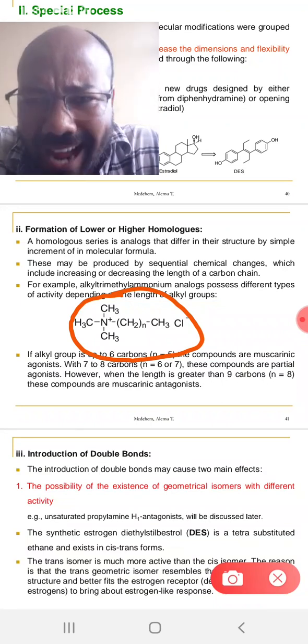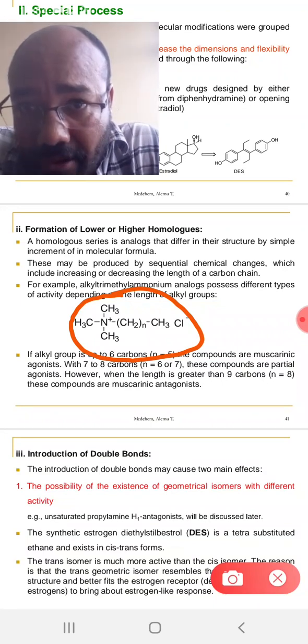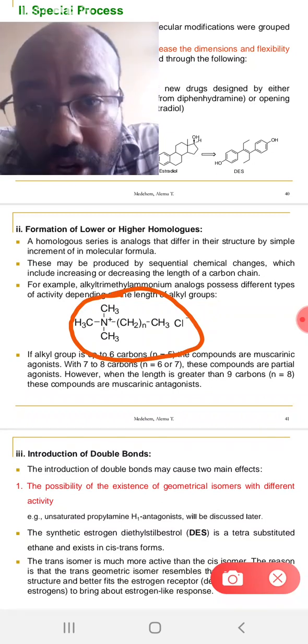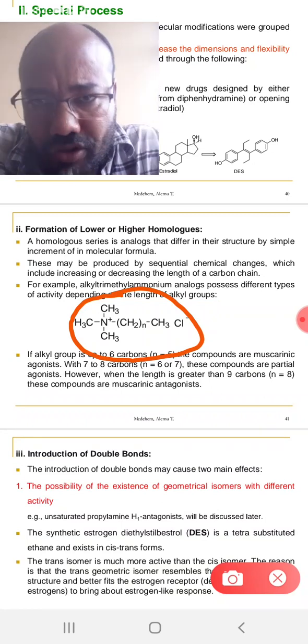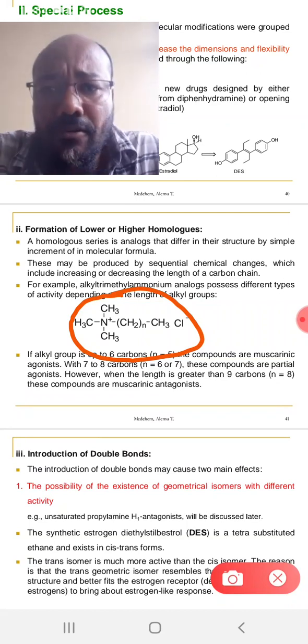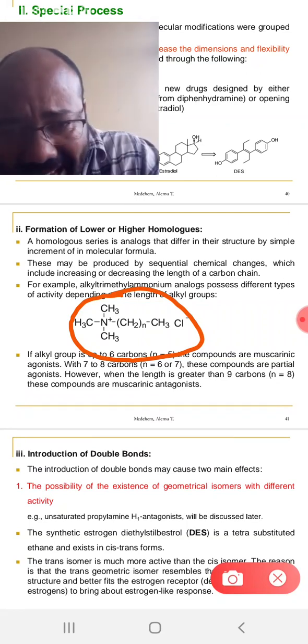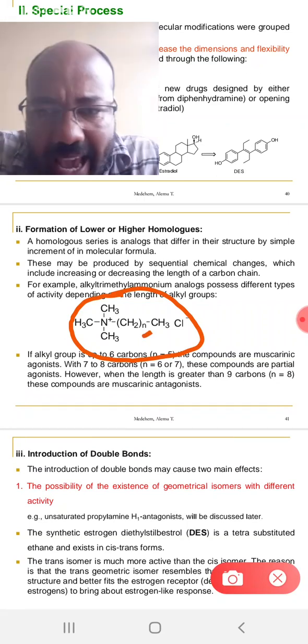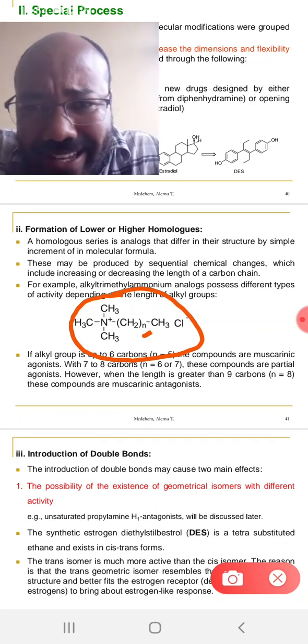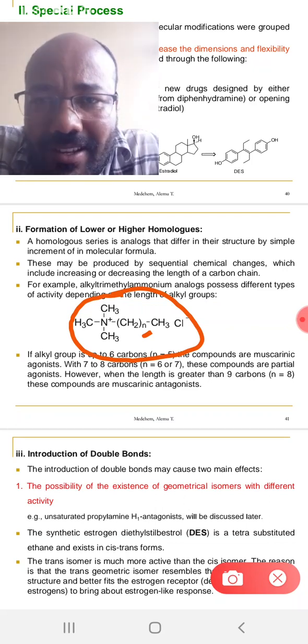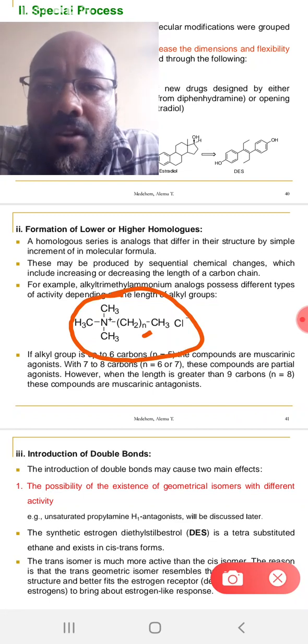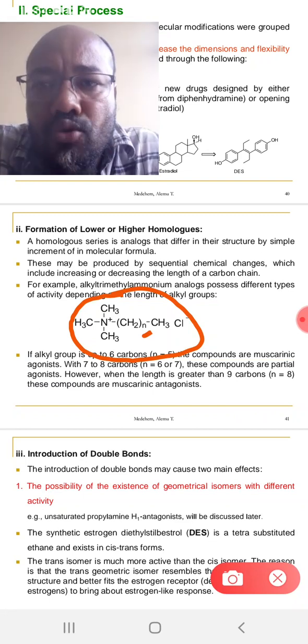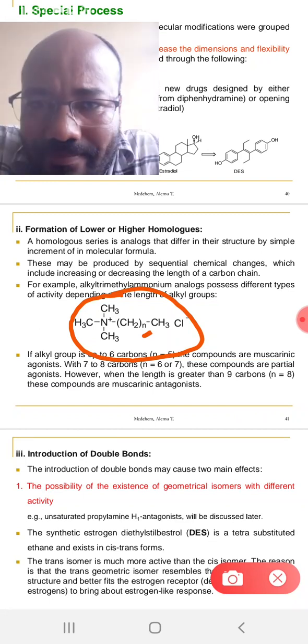Partial agonists are drugs that will activate the receptor, but they will not produce maximum response. Therefore, with this compound, do you see that here there is N? When N is 5, it is a full agonist for muscarinic receptors.